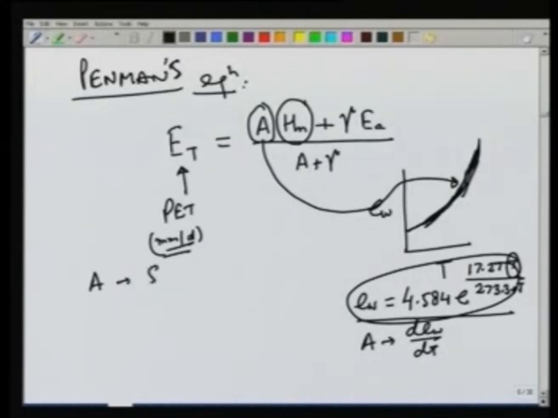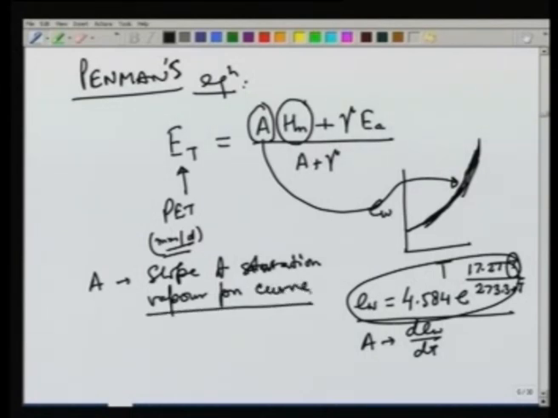A is the slope of saturation vapor pressure curve. The units of course will be typically millimeter of mercury per degree centigrade.